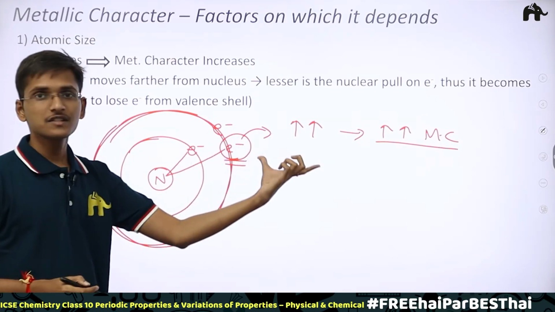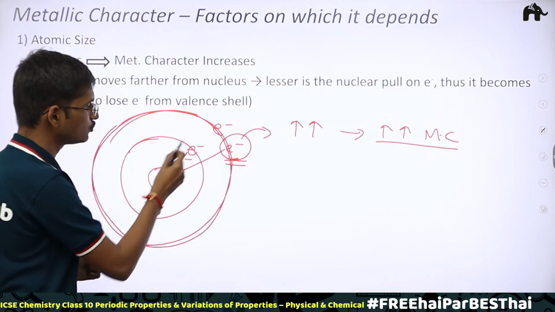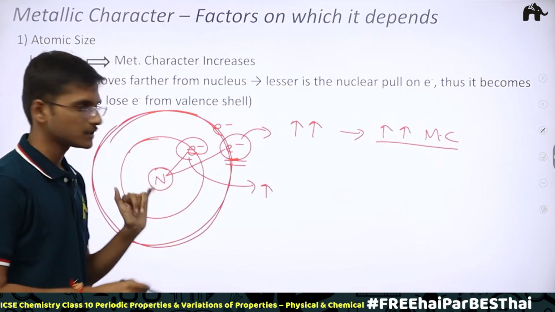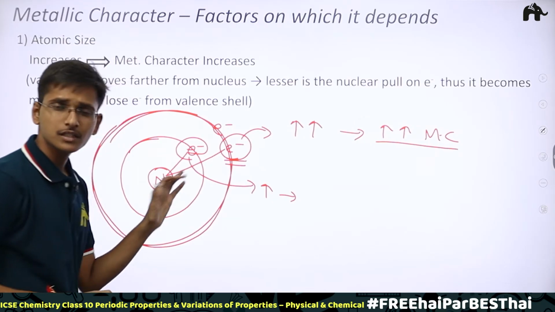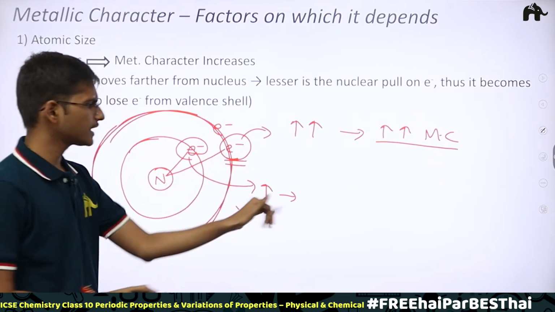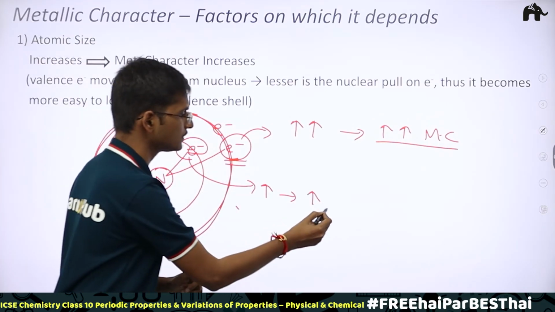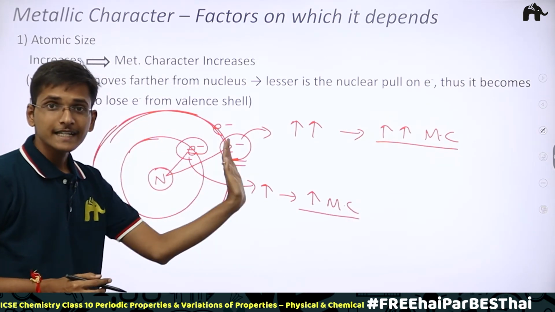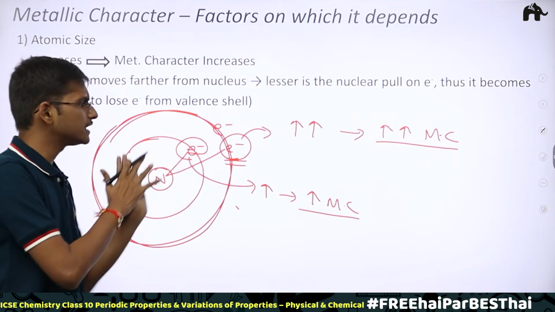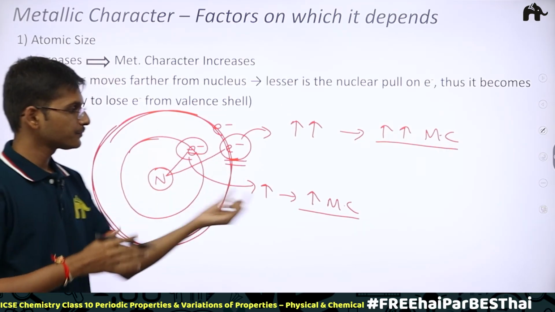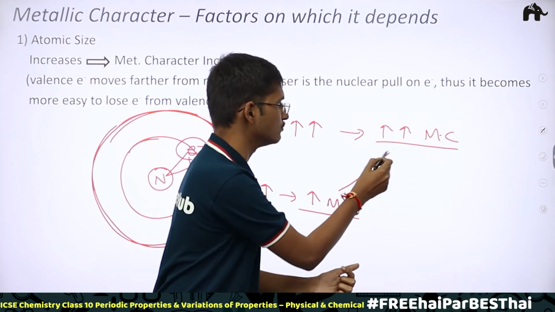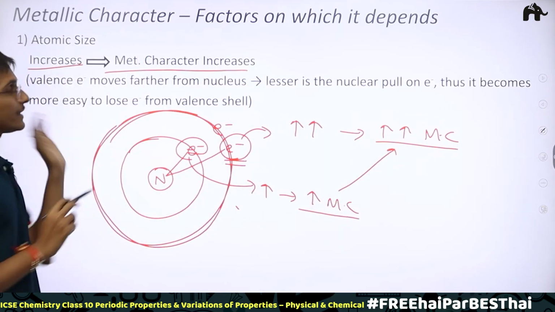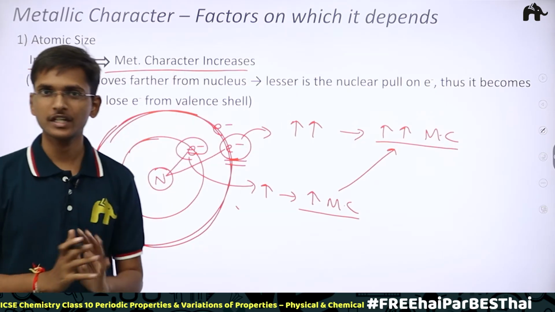If the tendency to lose electrons is this much, the metallic character is also this much. Now you can clearly make out here, when we increased the atomic size, the metallic character also increased. Very simple: when the atomic size increases, metallic character increases.